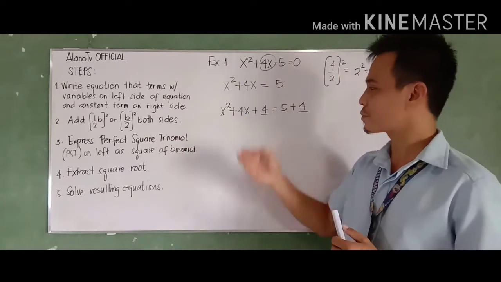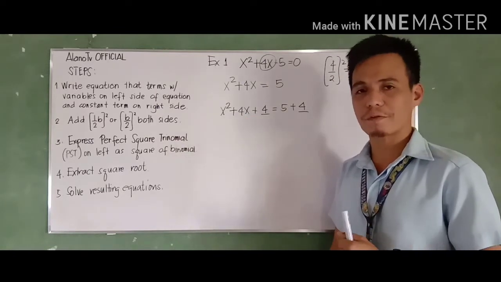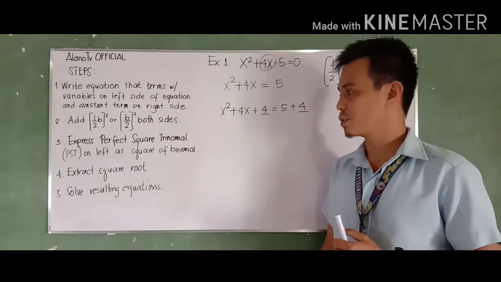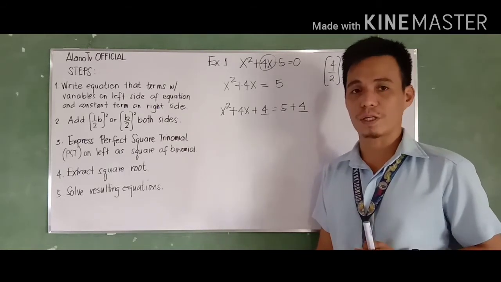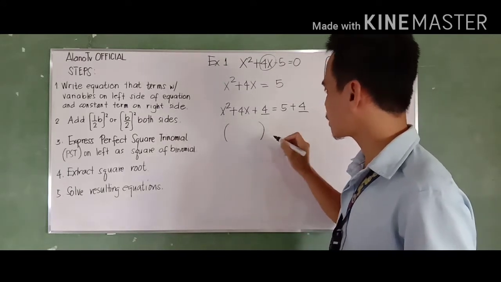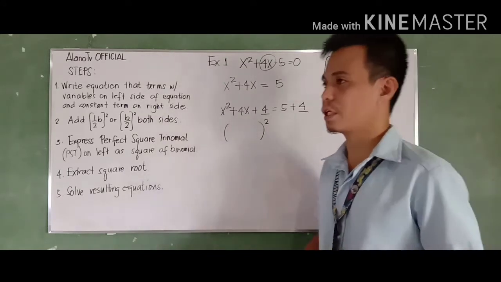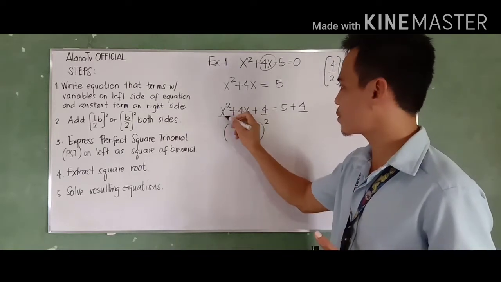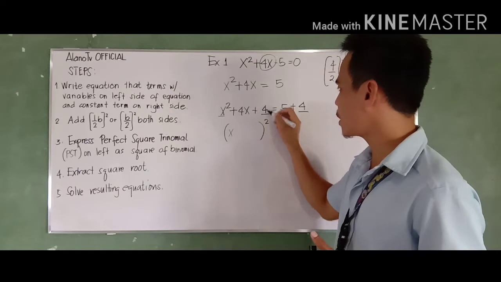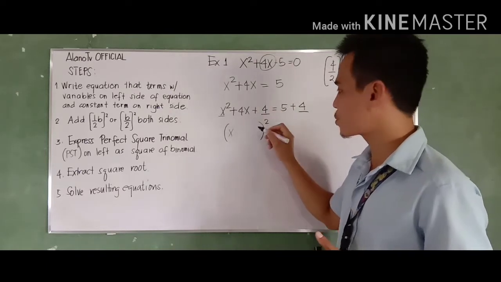Okay, next is express perfect square trinomial or PST on left side as square of binomial. So since our left side forms a perfect square trinomial, gagawin natin is to make it a square binomial. So gagawin natin din yan, this square. Then what to do next is to get the square root of x squared, so therefore x, and square root of 4 is 2.